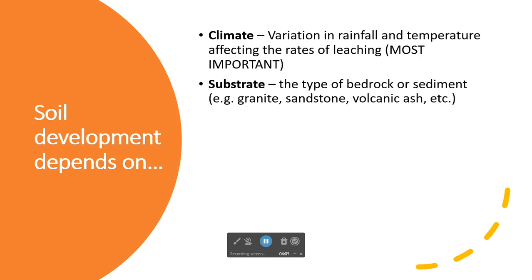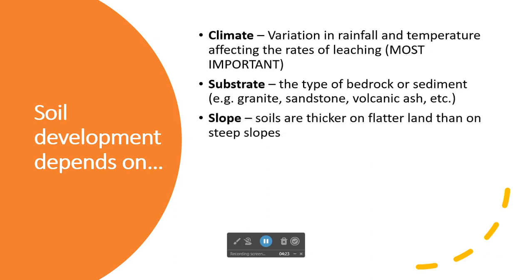So that's the type of bedrock or sediment that is being turned into soil. So that would vary based off of whether it's granite, whether it's sandstone, whether it's volcanic ash. And remember this volcanic ash component because we're going to be seeing volcanic ash altered a couple times in these virtual field trips.